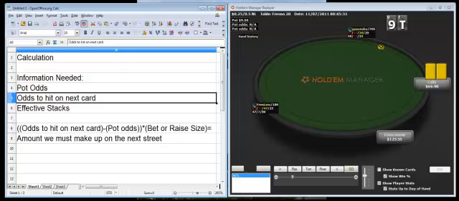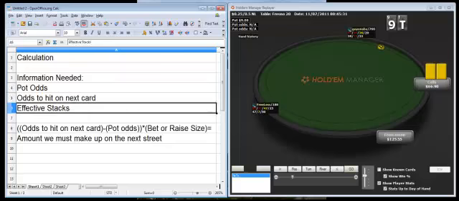This is pretty important. You don't want to consider your overall equity. You want to consider what your equity is to hit on the next card. And another thing you need to know is effective stacks. These are the absolute pieces of information that you are going to be calculating with.